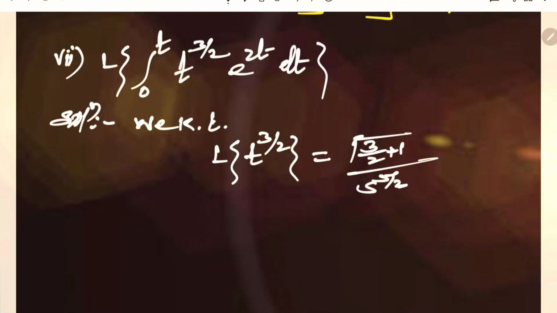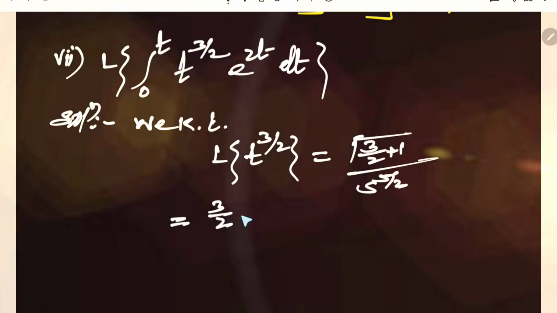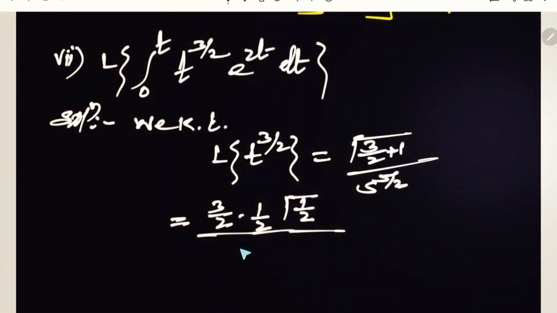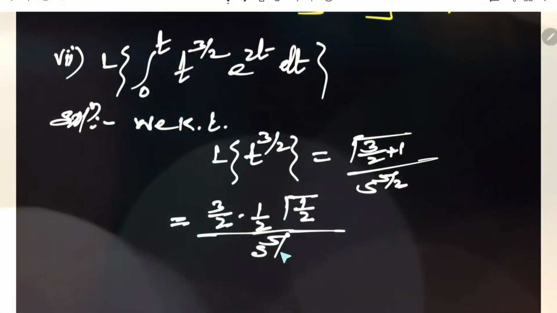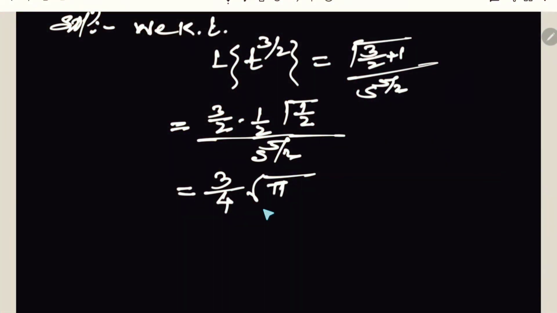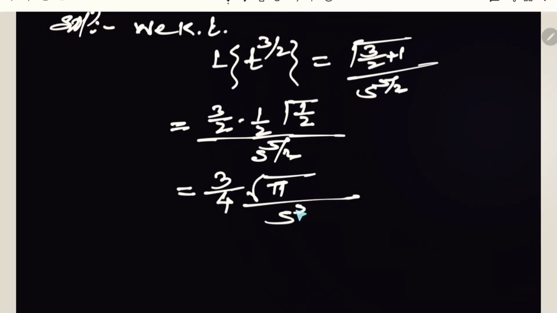It is gamma 3 by 2 plus 1 divided by s raised to 5 by 2. Then the value of gamma n plus 1 is n gamma n. It is 3 by 2 into 1 by 2 into gamma 1 by 2 divided by s raised to 5 by 2, which is 3 by 4. The value of gamma 1 by 2 is square root of pi, all divided by s raised to 5 by 2. And we call this f bar of s.